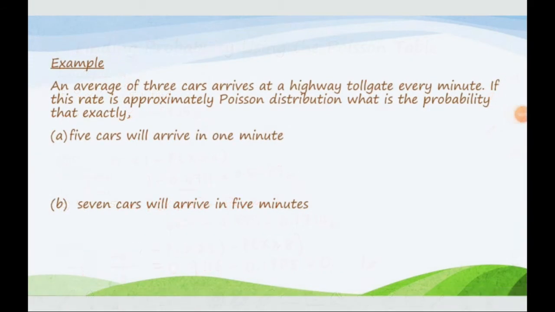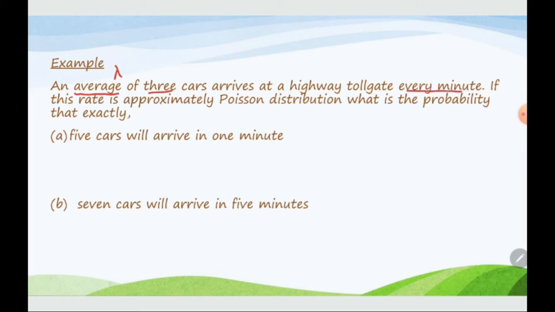Okay, next example. An average of 3 cars arrive at a highway toll gate every minute. If this is approximately a Poisson distribution, what is the probability that exactly 5 cars will arrive in 1 minute? We know that the average is lambda, so 3 cars arrive every minute.